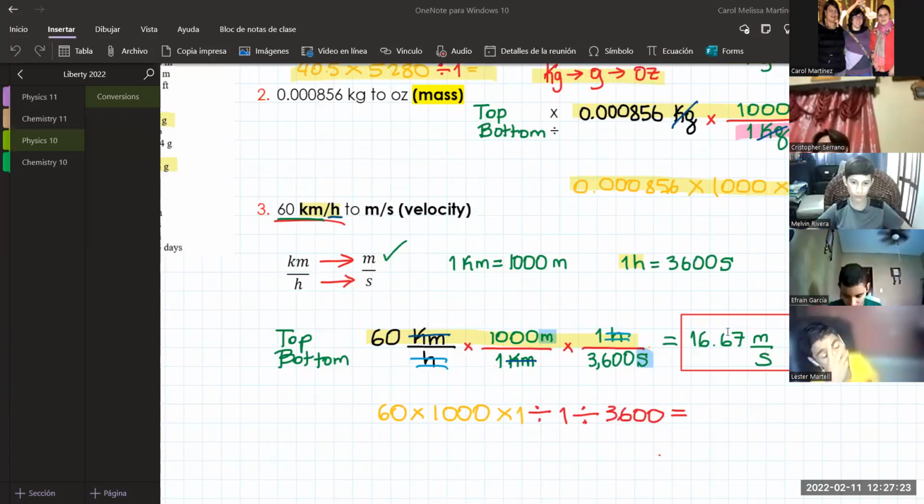If you got a different answer, please feel free to send me a message in WhatsApp so I can help you to get the right answer in your calculator.